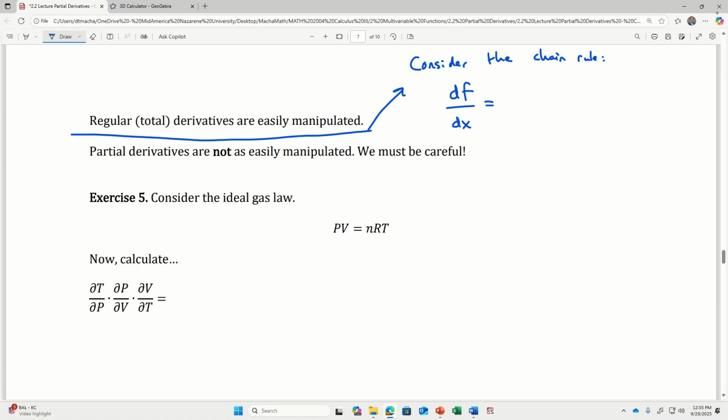Then the way I would write the derivative chain rule in Leibniz notation is the derivative of f with respect to g times the derivative of g with respect to x. And when I say that total derivatives are easily manipulated, what I mean is the proof of the derivative chain rule in Leibniz notation is almost too simple.